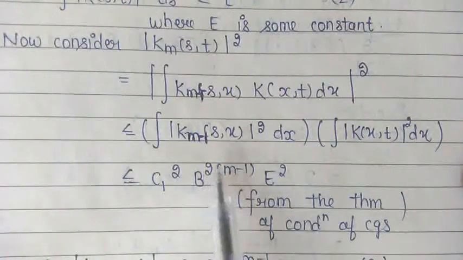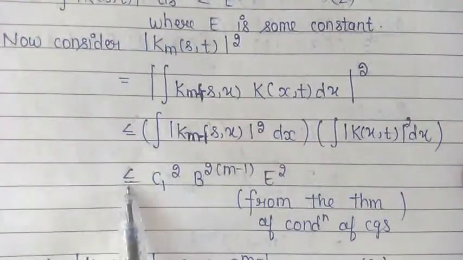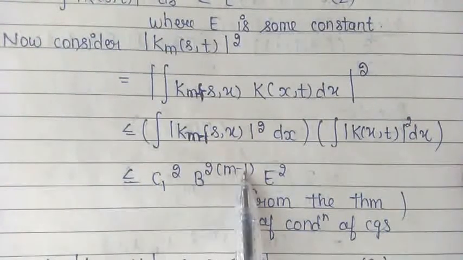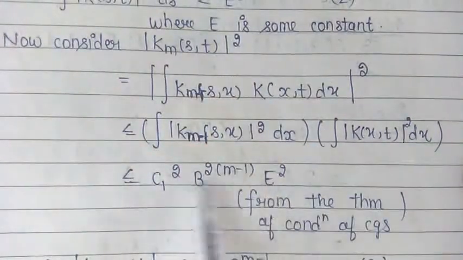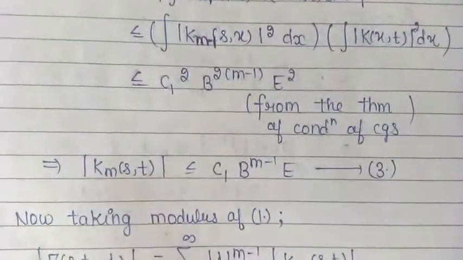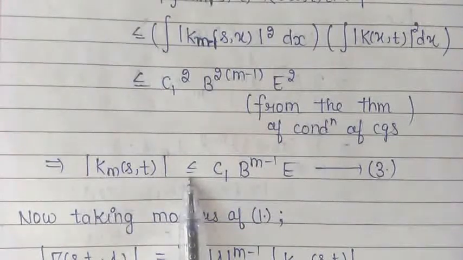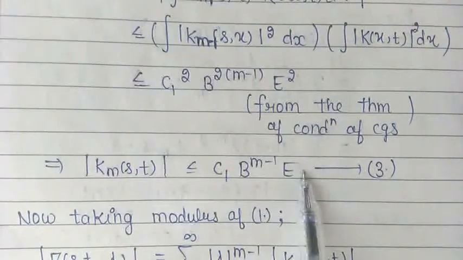Now from the conditions of convergence of the Neumann series, as we already discussed, this quantity is less than or equal to C1 squared into B raised to the power 2m minus 2, and for this quantity we have taken the bound E squared. So substituting the values here and taking the positive square root, we get |K_m(s,t)| less than or equal to C1 B raised to the power m minus 1 into E.